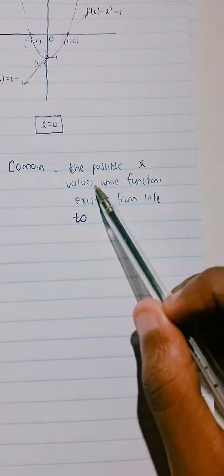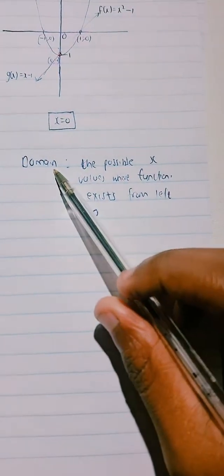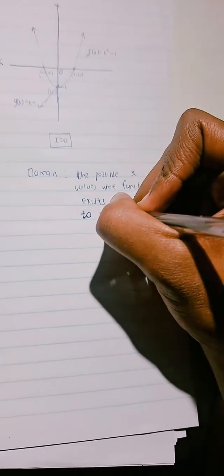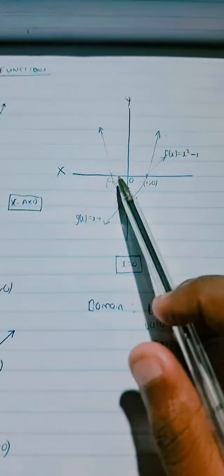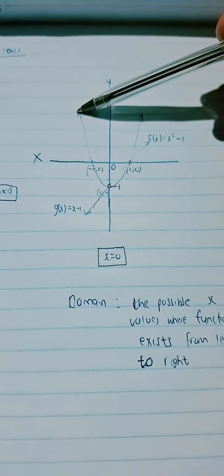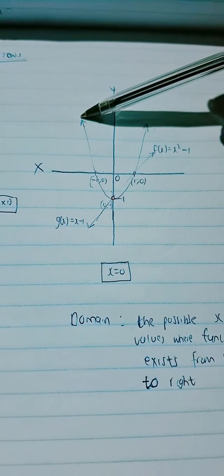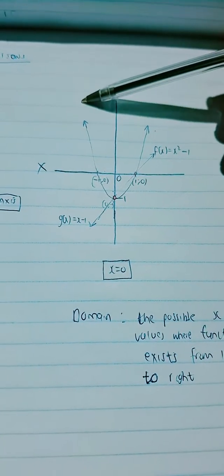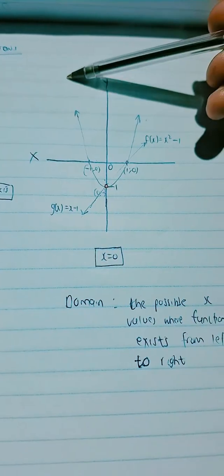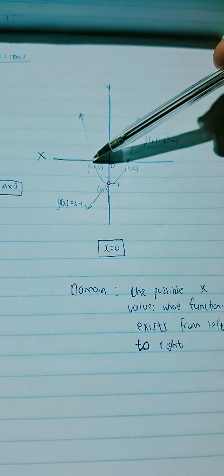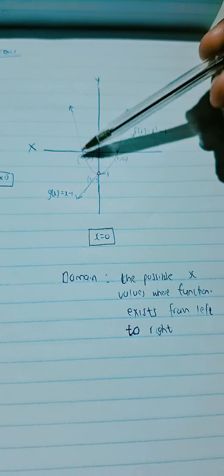The possible x values where the function exists from left to right is what we refer to as the domain. Okay, left to right. So when you look at this function, the parabola, this is f. The arrow here signifies that this function is infinitely coming from the negative side, and it's not stopping. Then it comes down, it decreases from left to right.